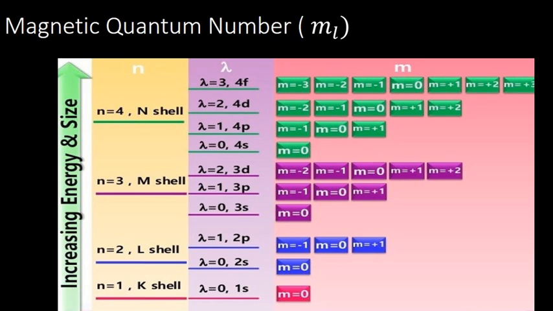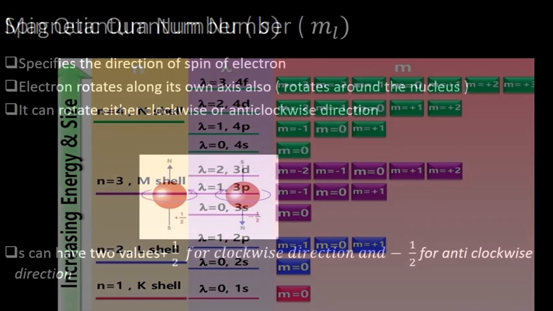Now when n is 3, l can have 0, 1, 2. For 0, m is 0; when it is 1 it has 3 values, -1, 0 and +1. When it is 2, 5 values come: -2, -1, 0, +1, +2.